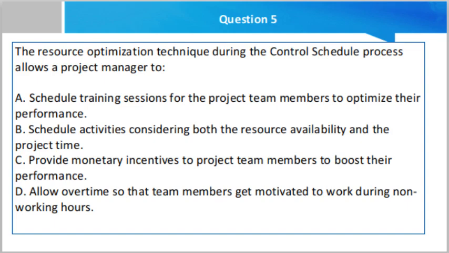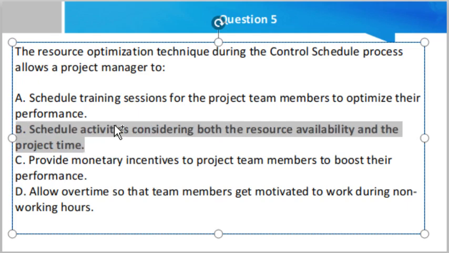Option C, provide monetary incentives to project team members to boost their performance. Option D, allow overtime so that team members get motivated to work during non-working hours. So now friend, what do you think the right answer is? Friend, the right answer is option number B.